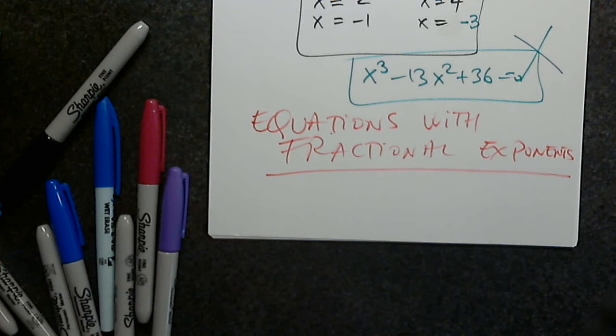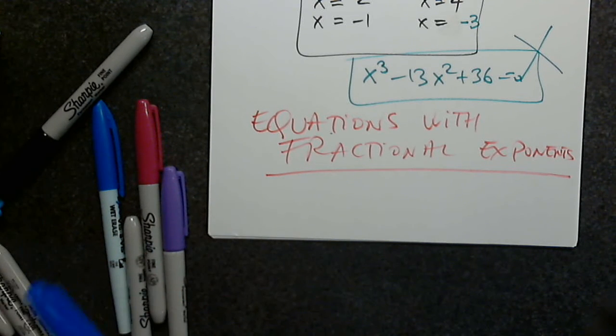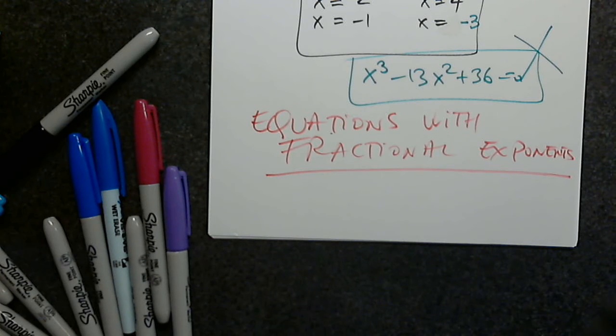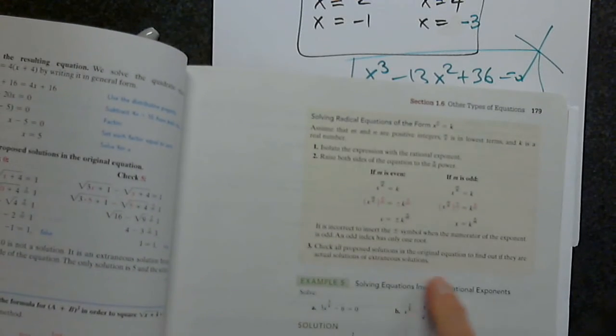Again, this is not a user-friendly type of equation. So let me start with an example. I recommend my method over this method. Of course, I accept it. Let me just show you the method. It's this.